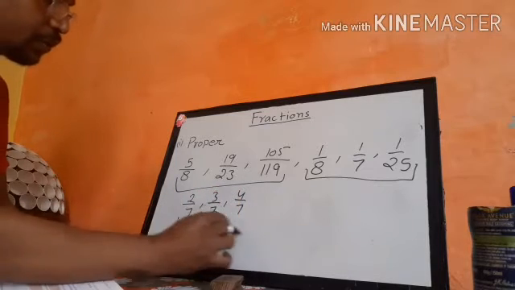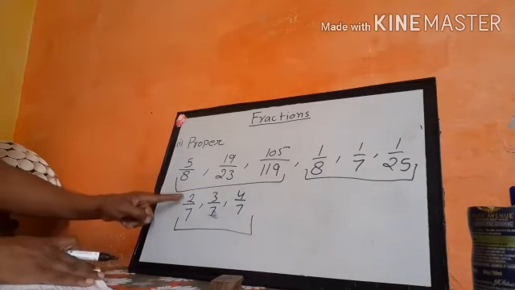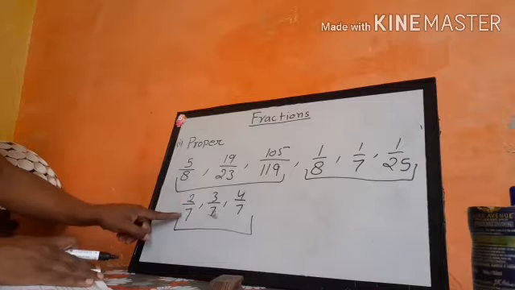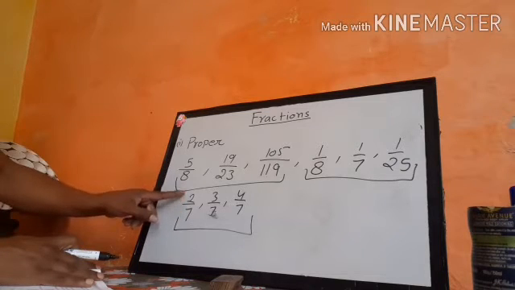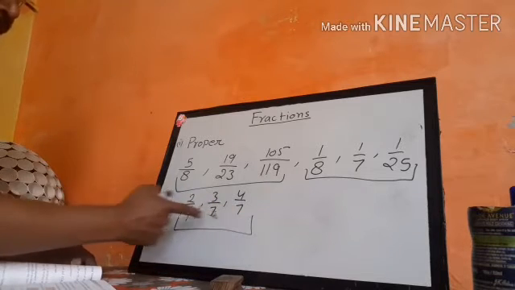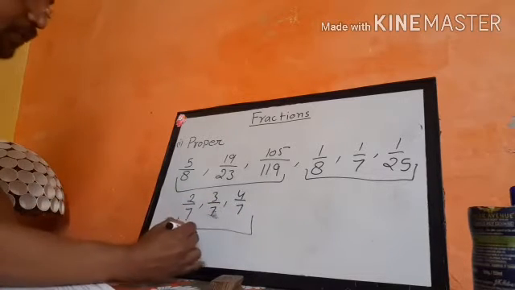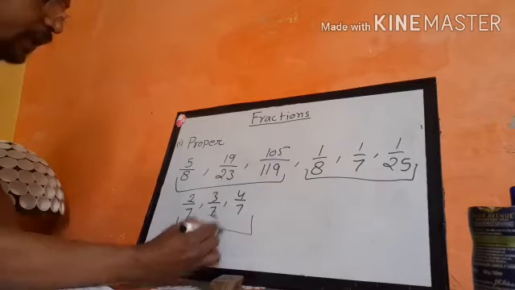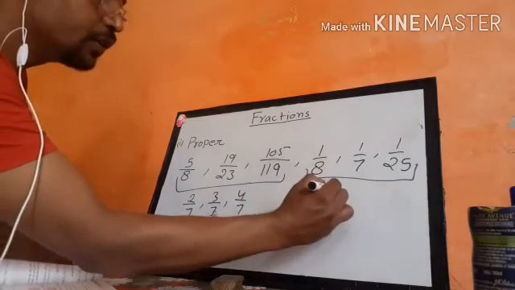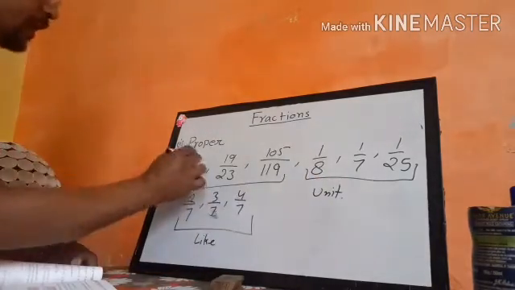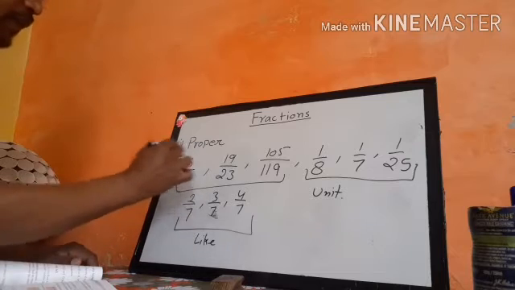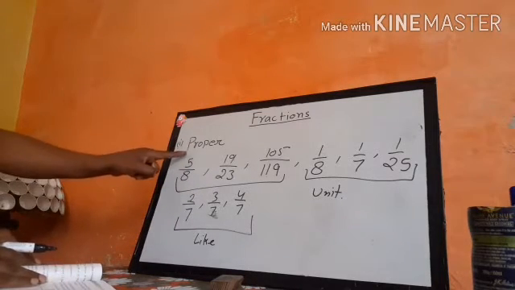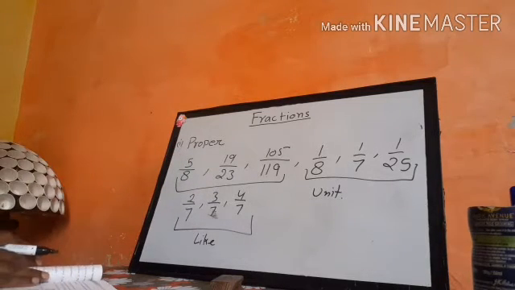They are also proper fractions because their denominator is greater than the numerator. The numerator is smaller, keep it in your mind, but they are like fractions. So it means like fractions, unit fractions and unlike fractions can also be proper fractions.